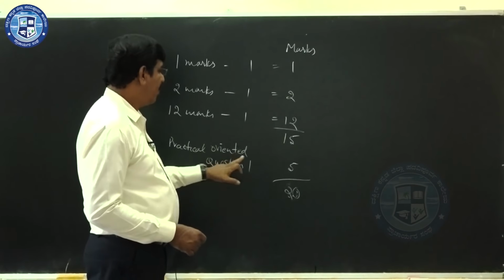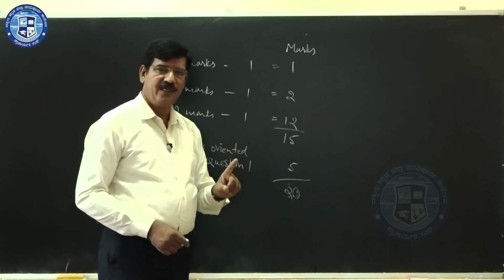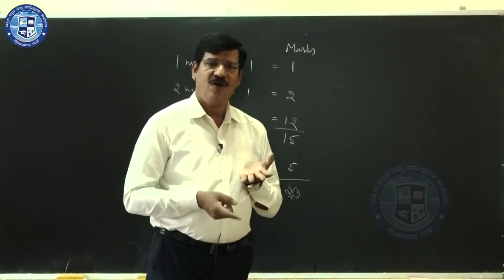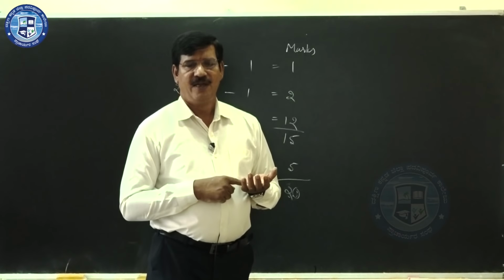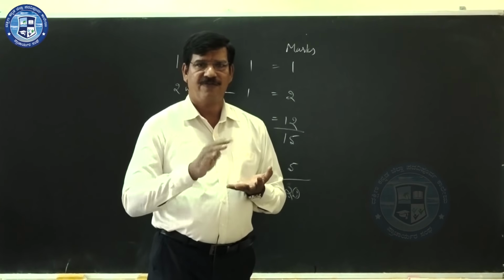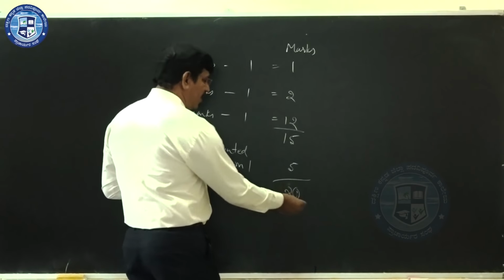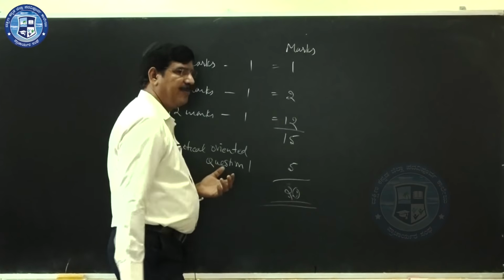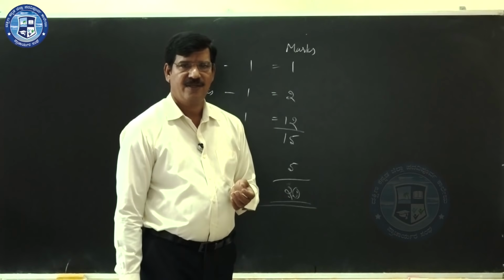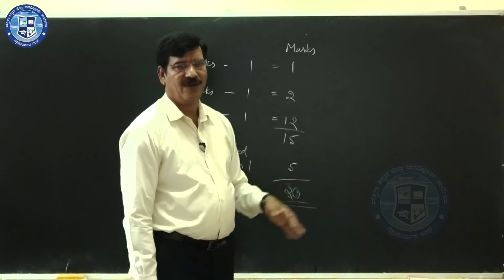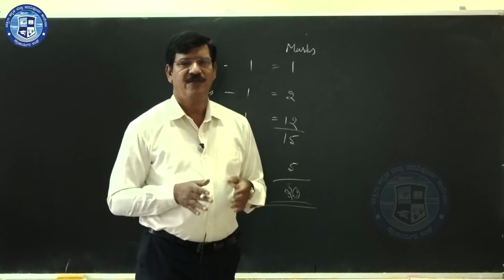A practical oriented question will also be there, either classify the following into capital and revenue, or prepare a receipts and payments account. Out of these two there will be one question. So in total the question paper contains 20 marks from not-for-profit organizations. This is a very important chapter.